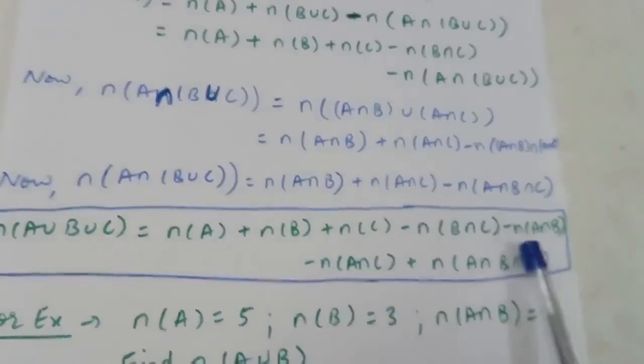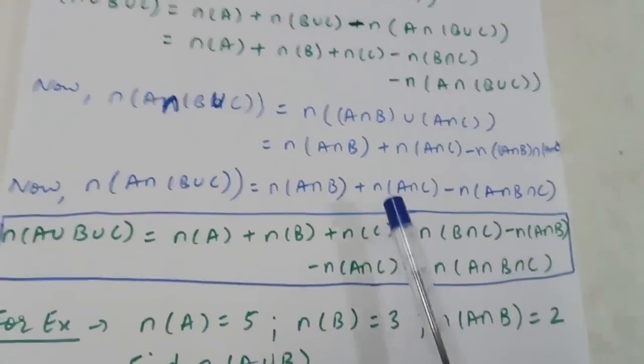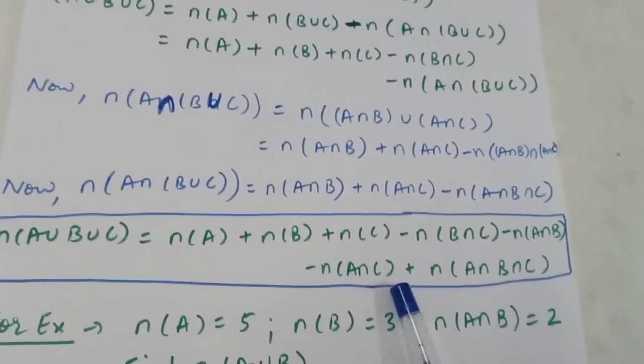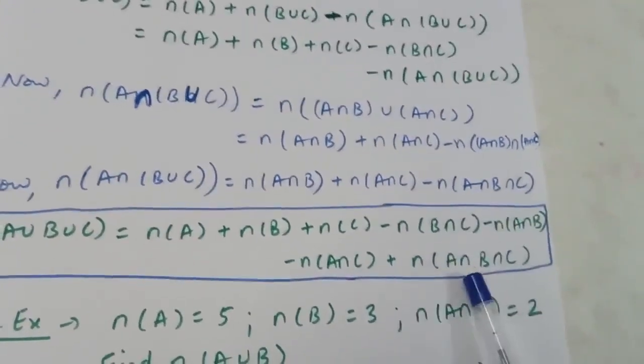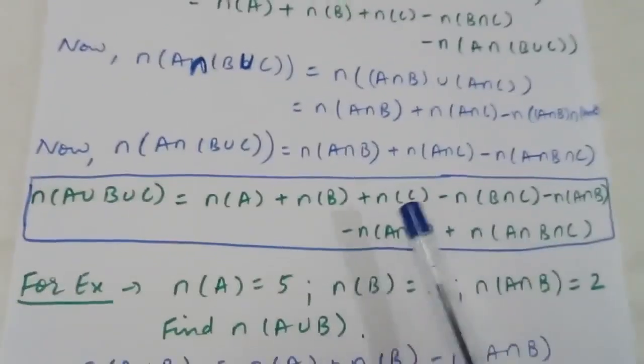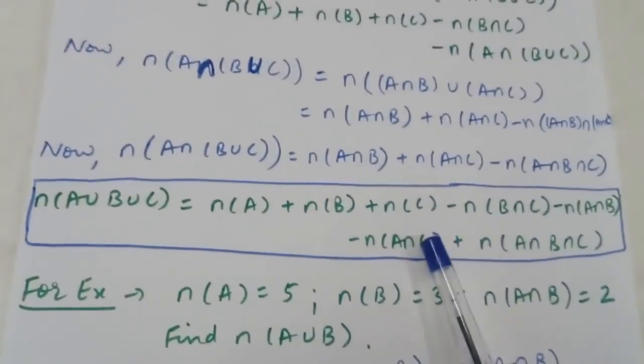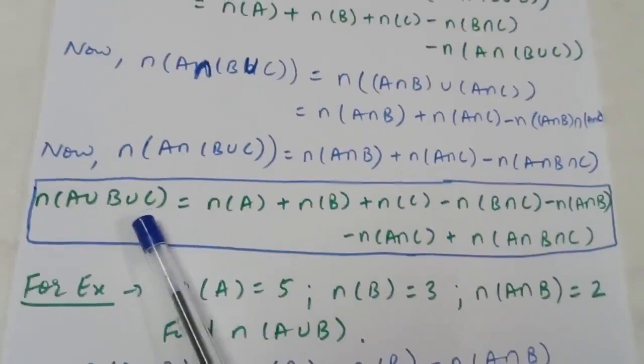So minus number of elements in A intersection B minus number of elements in A intersection C and plus number of elements in A intersection B intersection C. So this is the formula which you have to learn for the union of three sets.